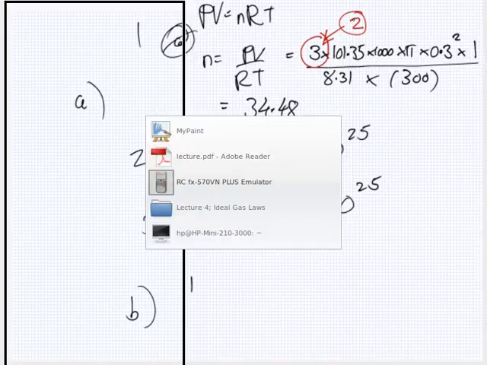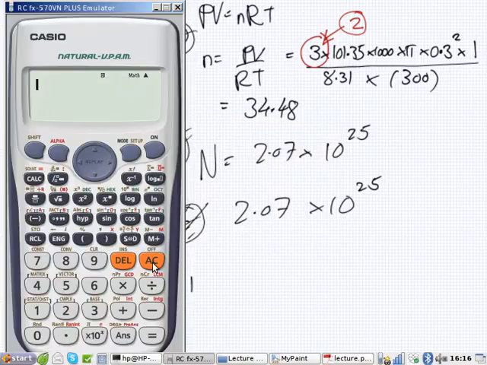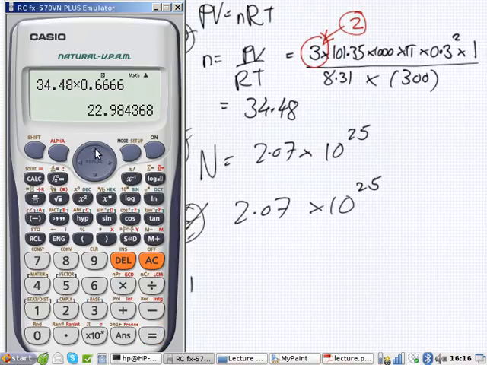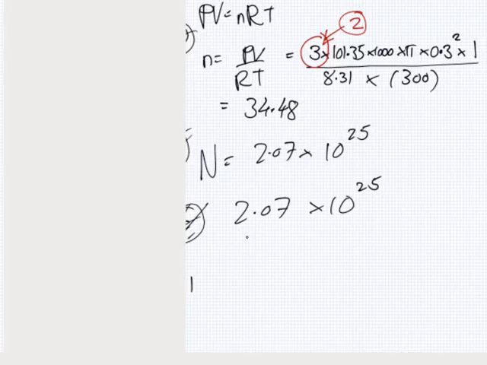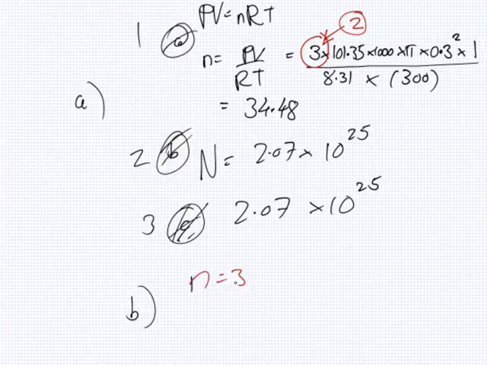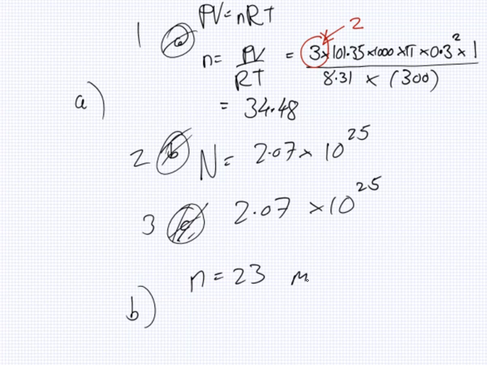Okay, so let me just do that for you. Oh yeah, I can do it that way too. It should be 23 about. Yeah. See, this calculator rocks. Go back and change that to 2, and you get 23 about. We'll say 23 moles then.